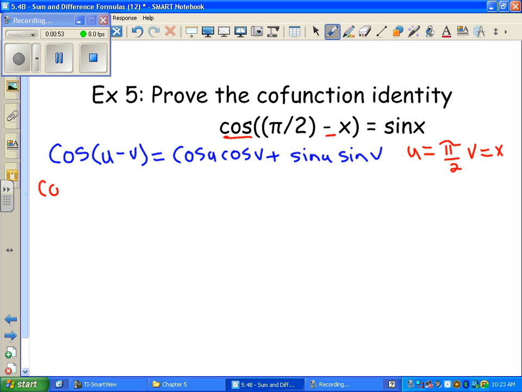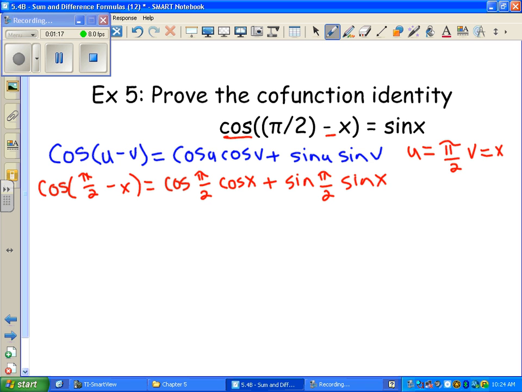So the cosine of pi over 2 minus x is equal to the cosine of pi over 2 times the cosine of x plus the sine of pi over 2 times the sine of x. So I go ahead and simplify this. Let's draw a quick unit circle over here, and I'm dealing with pi over 2.